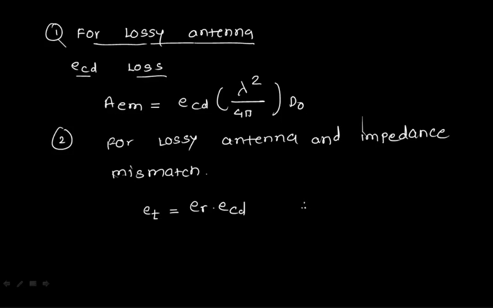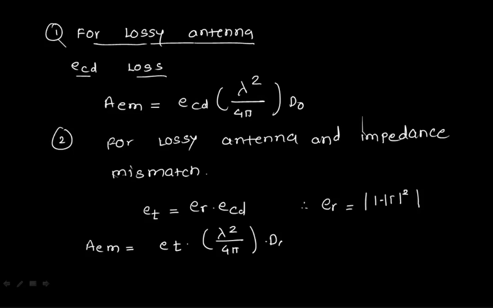How do you calculate this ER? ER is calculated as 1 minus the reflection coefficient, that is 1 minus rho square. If you put in all those values, my effective aperture will be ET into lambda square by 4 pi into D0. Now I need to replace this ET with ECD into 1 minus tau square into D0. So this is when your antenna is lossy, but with an impedance mismatch.